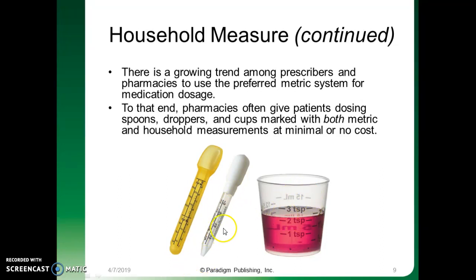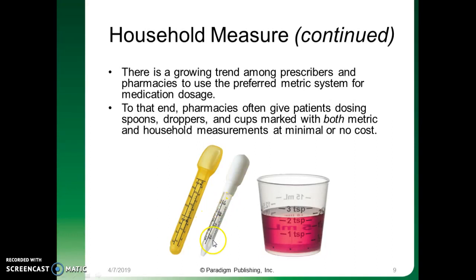Then you'll have these types of droppers, for example for infant medication or child dosing. You'll have the spoon, and again on one side it'll be the household measurements, and on the other side you will find the metric system in milliliters. So teaspoons, milliliters.